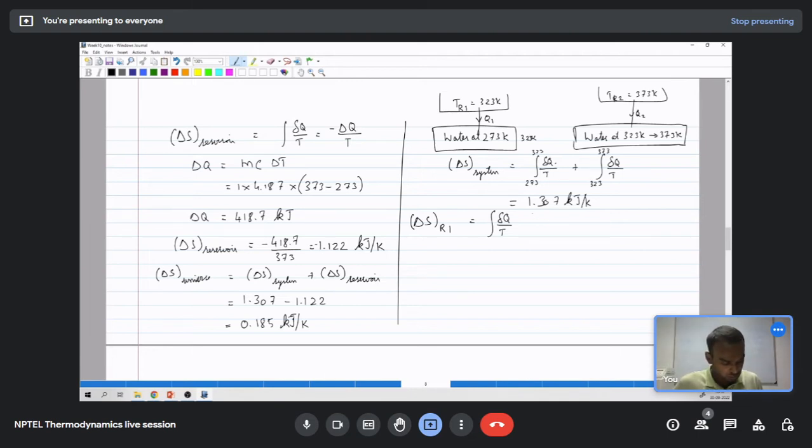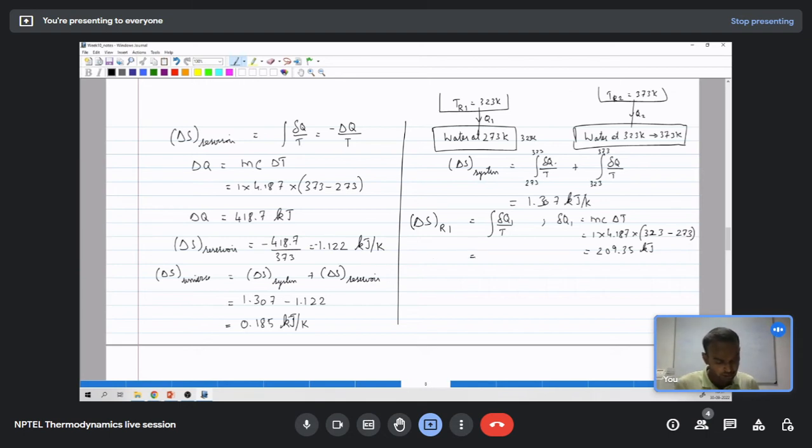To calculate del Q1, which is m c delta T, m is 1, c is 4.187, into the final temperature 323 Kelvin minus the initial temperature 273 Kelvin. So solving this, we have 209.35 kilojoules.